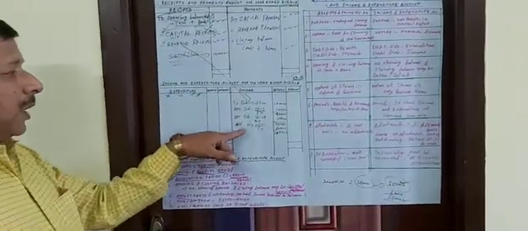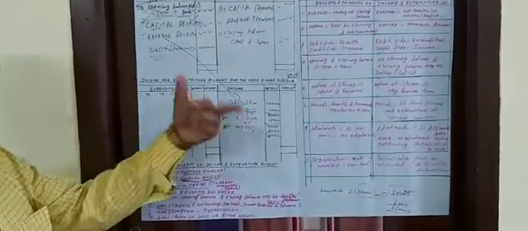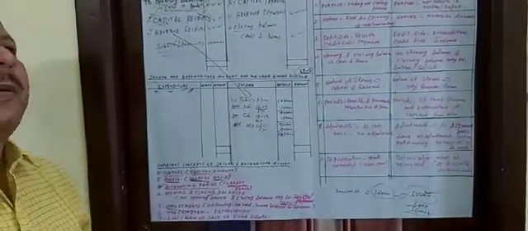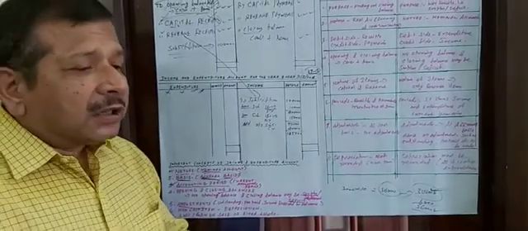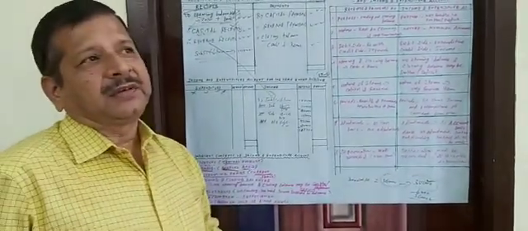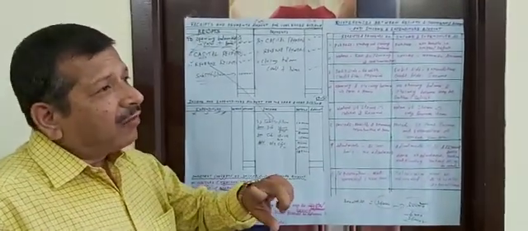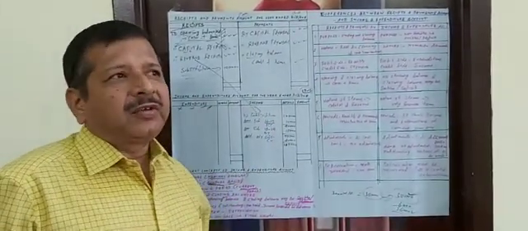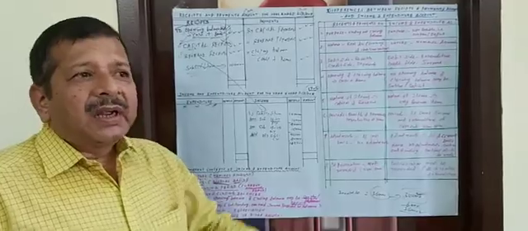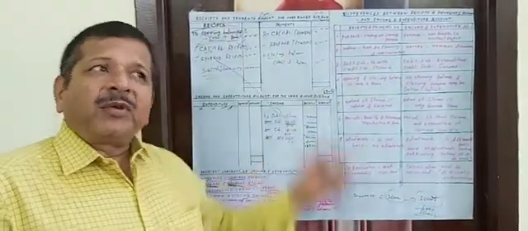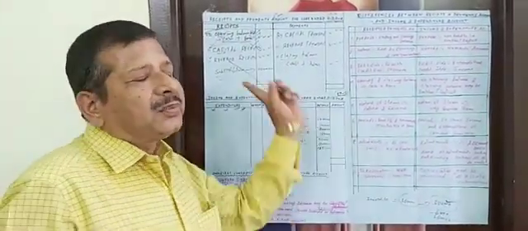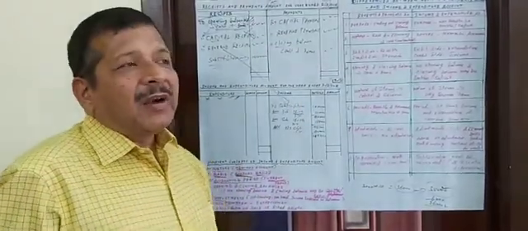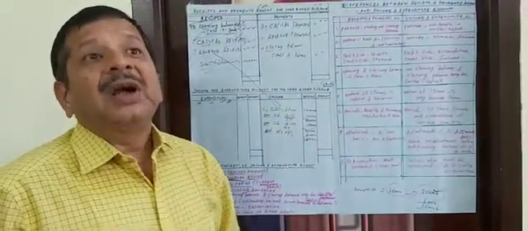Okay. Some more adjustments may come. Sometimes the current year subscription we would have received last year. Receiving it last year means it would have been recorded in last year's receipts and payments account. But which year does it belong to? The current year.